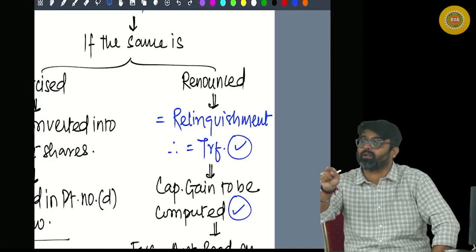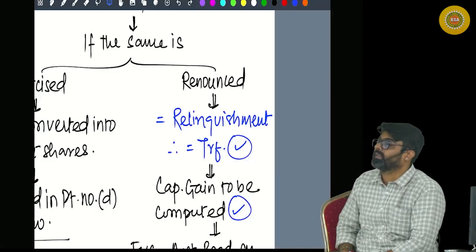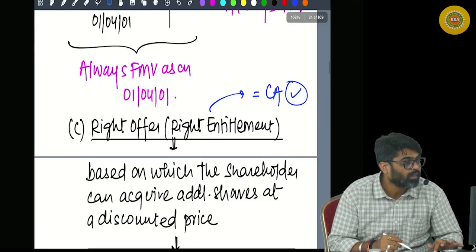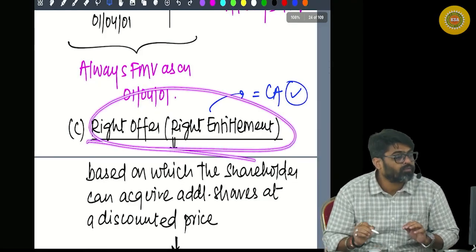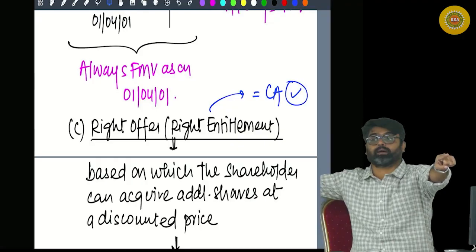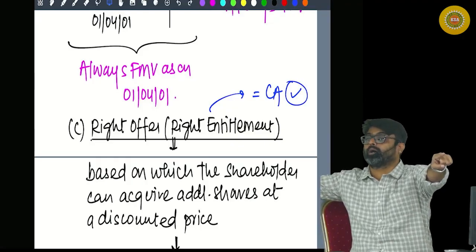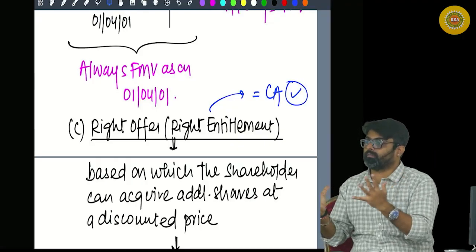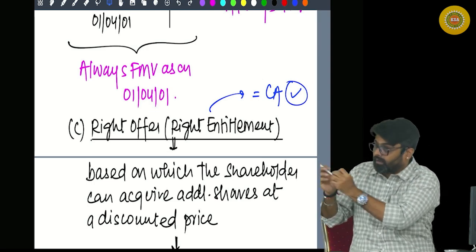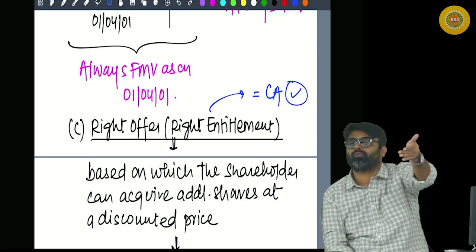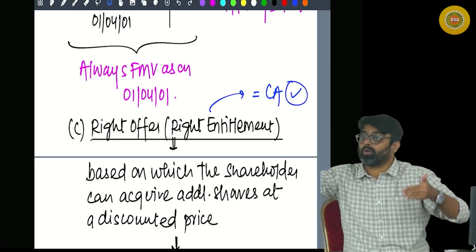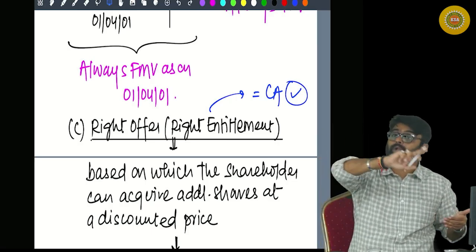In that table there is this case. In case of renouncement of right entitlement, the period of holding of the right will be taken from the date of right offer till the date of renouncement, that is, when the company offered to you and when you renounced.